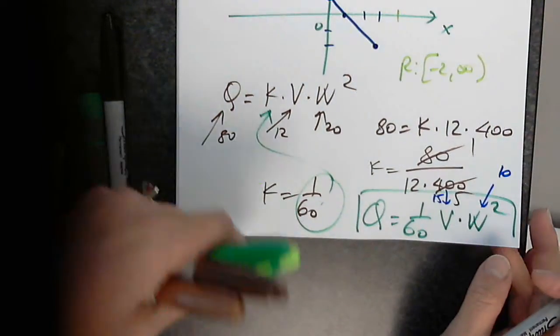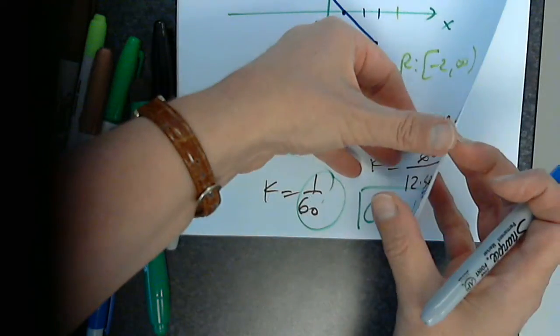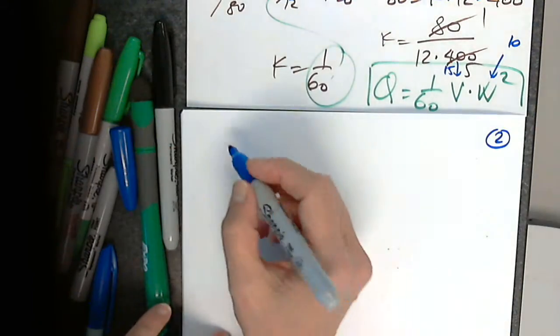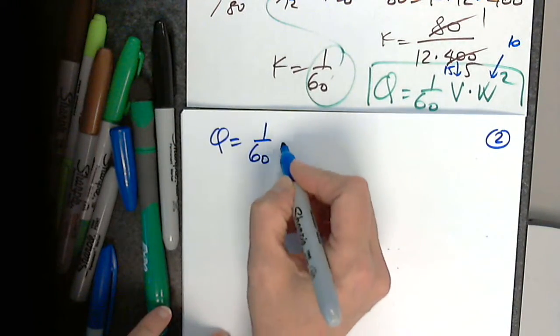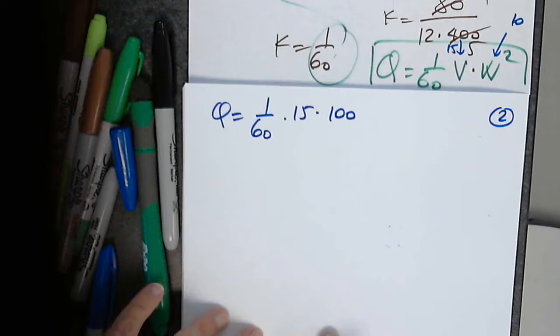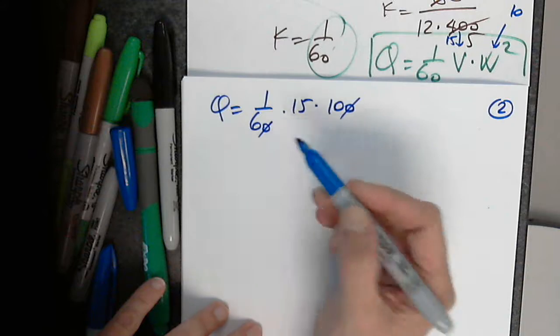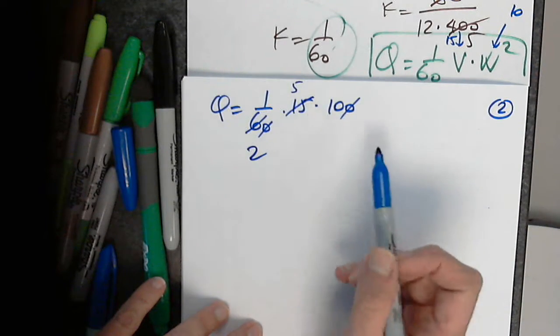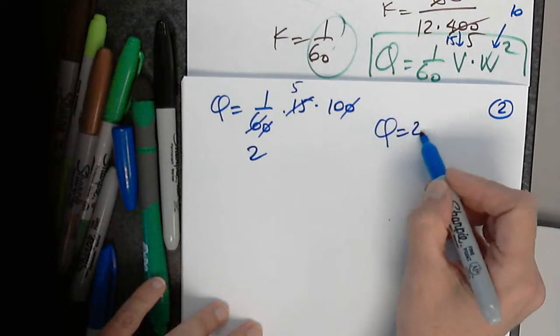So all I have to do is plug it in. So that is Q equals 1 divided by 60 times 15 times 100. So I will simplify by 10. I will simplify by 3. And I get 5. 50 divided by 2 must be 25.